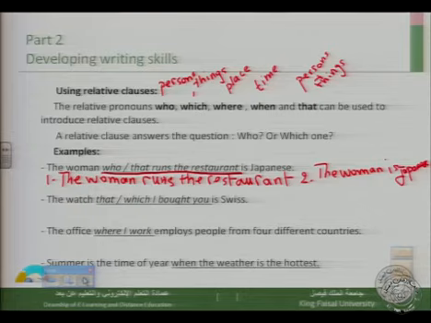So we combine those two sentences using a relative pronoun, and we obtained the relative clause who runs the restaurant or that runs the restaurant.